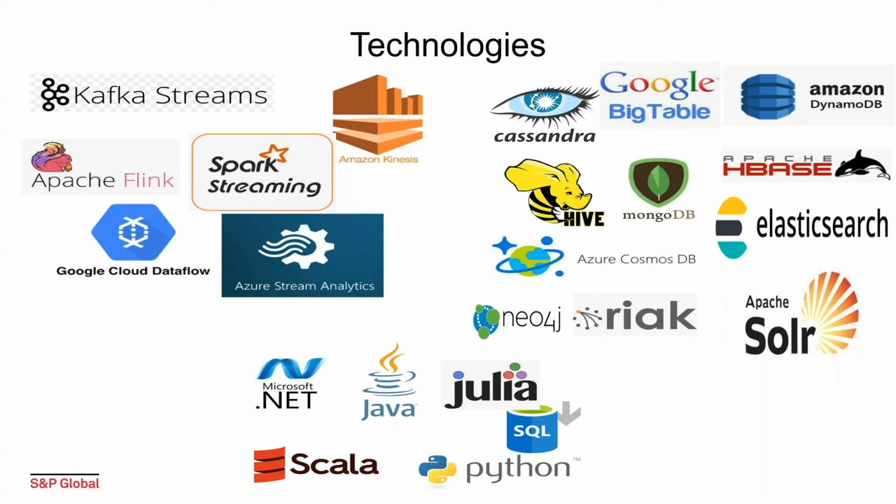Now, if we look at it from a data store standpoint, one thing to note is that there are multiple models emerging to store the data, right? What do we mean by model here? It's not like a traditional data model that we are talking about.